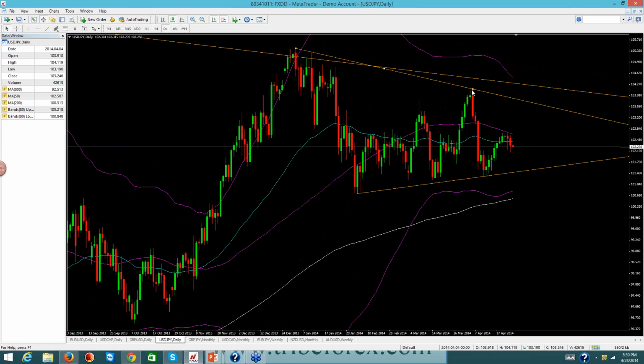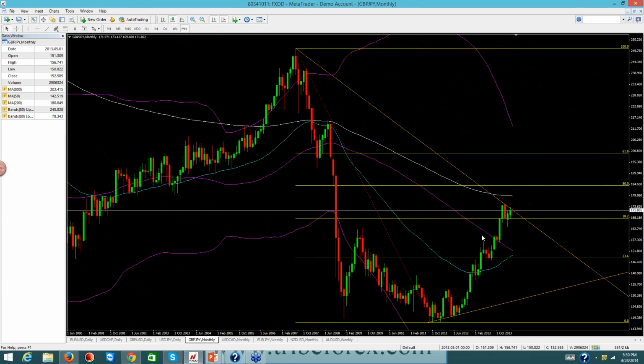All right, so that looks good. We've got 3 points touching on the dollar yen daily. Price already moved down. I'm going to look for it to move back up, hit 103.77, and then most likely look for a bounce off of that on the dollar yen.